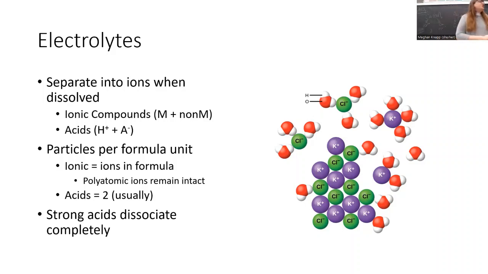All right. So acids are usually going to break into 2 formula units, but we have different kinds of acids. We have strong acids and we have weak acids. So a strong acid doesn't mean that it is concentrated. It means that it completely separates. And this is a good list to know as well.